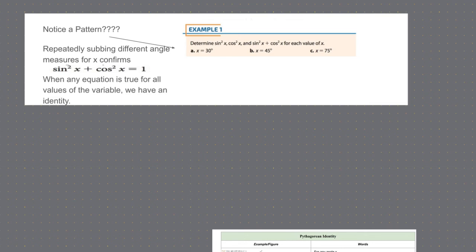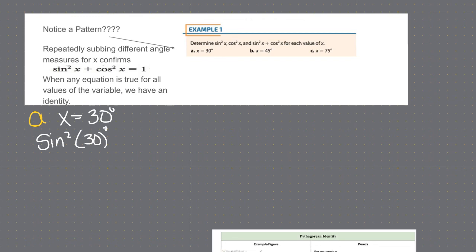So here is A. All right, there's A. Here we go. x is equal to 30 degrees. The first thing it says is find sine squared of x, and in this case it's 30 degrees.